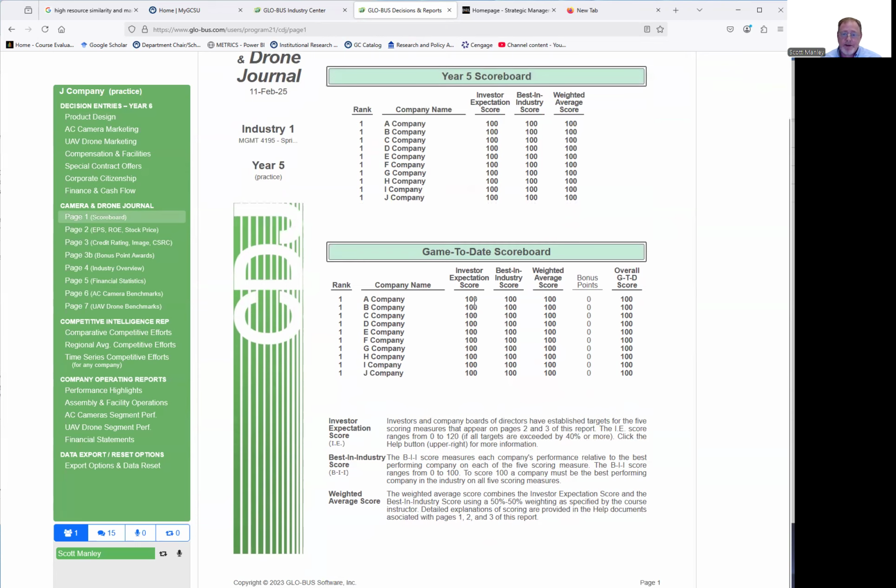Investors' expectations is the extent to which you exceed the investors' expectations or meet them or don't meet them. And the best in industry is simply a ranking. The higher you are in the industry, the more points that you earn. The weighted average is the combination of those. And you can earn bonus points for a couple of different things. I'll talk with you about that on page 3.